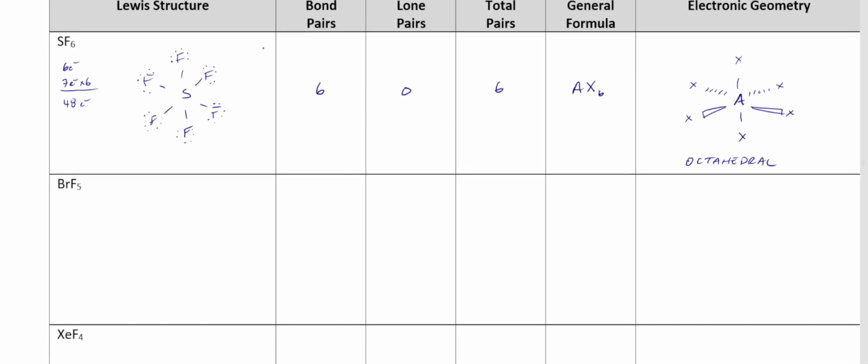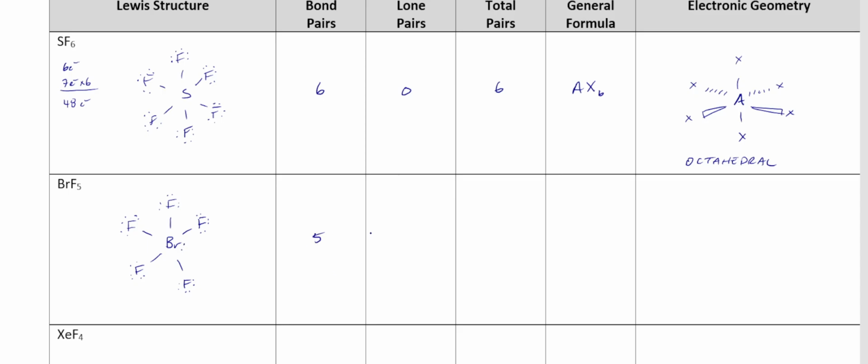BrF5, if we go and draw that out, we'll have bromine in the middle, bonded to 5 fluorines. And with 5 fluorines, that leaves us with 2 electrons left right at the end. If we have 2 electrons left at the end, they have to go in the central atom.